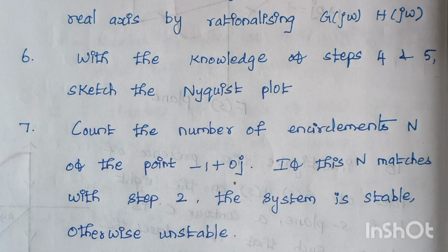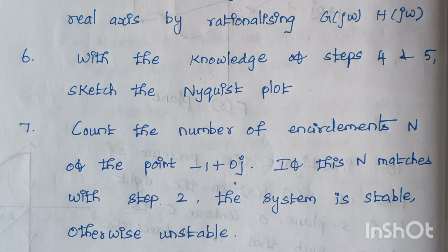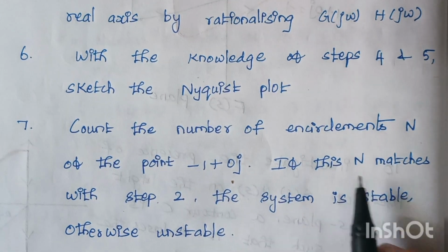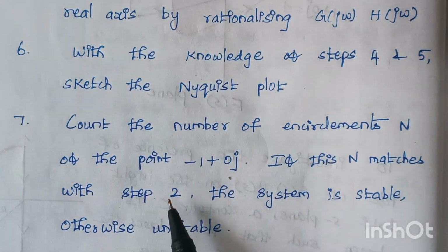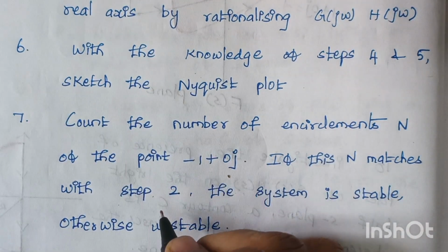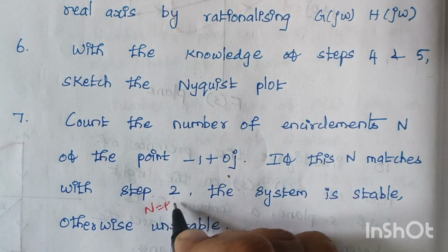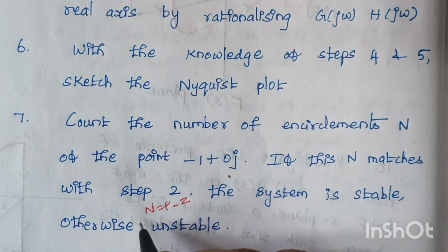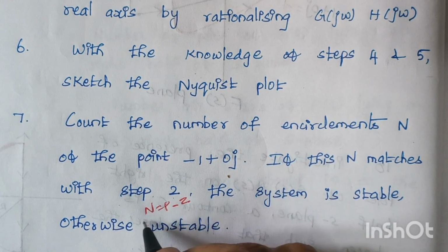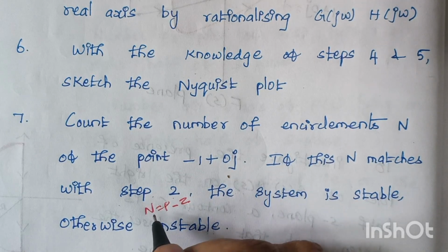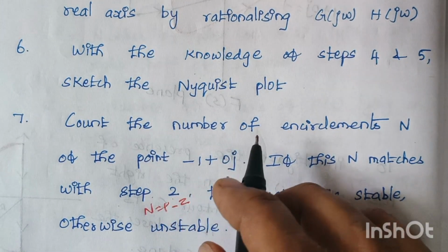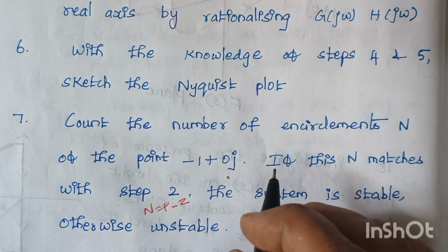Now we have checked whether the point minus 1 plus 0j is encircled or not. Then this N should match with step 2. What is our step 2? In step 2 we found the number of encirclements, that is N is equal to P minus Z. Using this formula we calculated the value of N, and that N should match with the N drawn in the Nyquist plot.